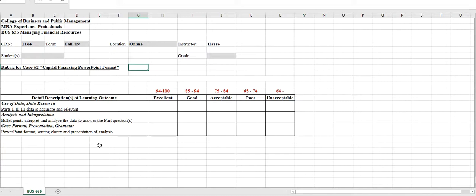Because this is a PowerPoint format, the key is putting in bullets of information and data and then interpreting that. You don't have much time or much area to write in. It's like presenting to a group of people, but you're presenting it to me. There's our rubric on how we'll be grading this work. Back to the case.